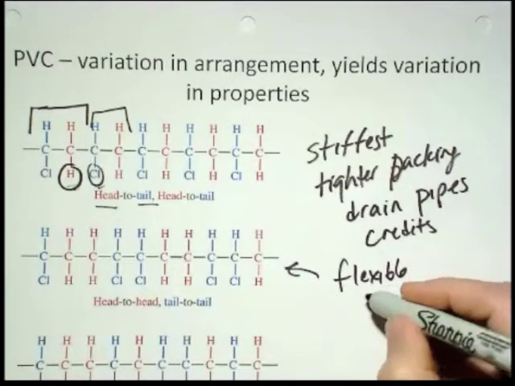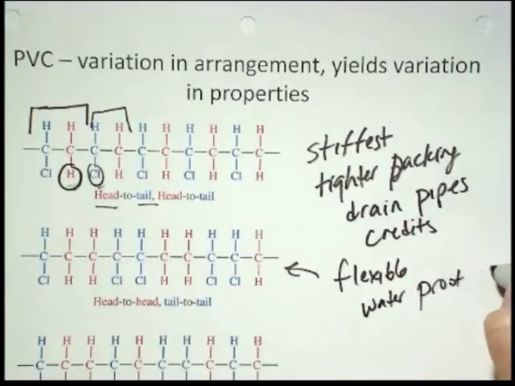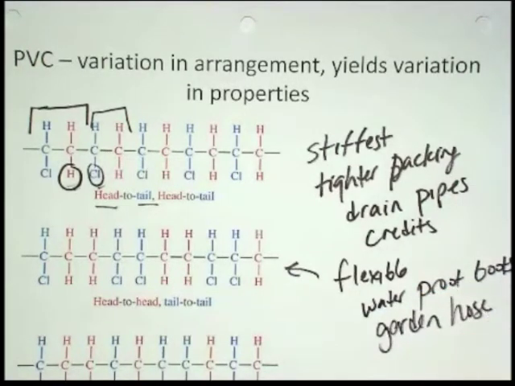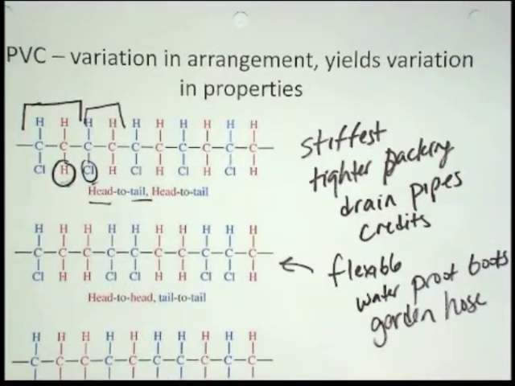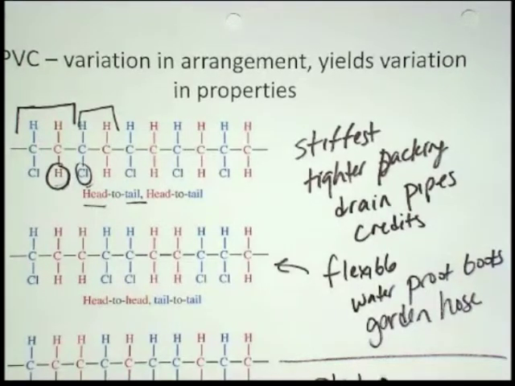This is the type of material that might be found in waterproof boots or garden hoses. That's an application for more flexible PVC. And you can get an even more flexible PVC by taking either one of these and adding to it what's called a plasticizer.